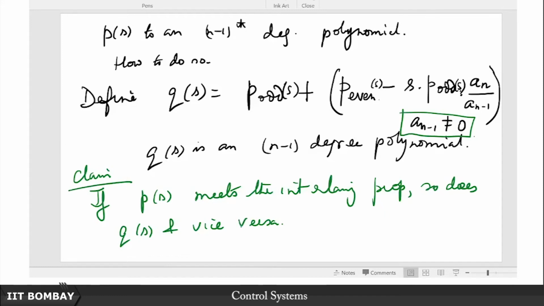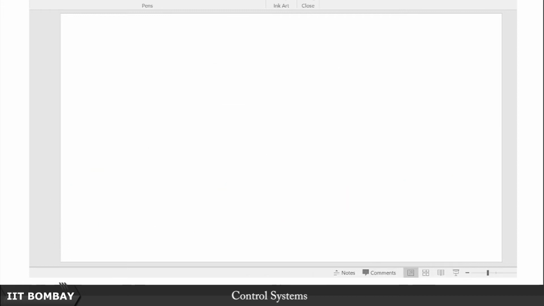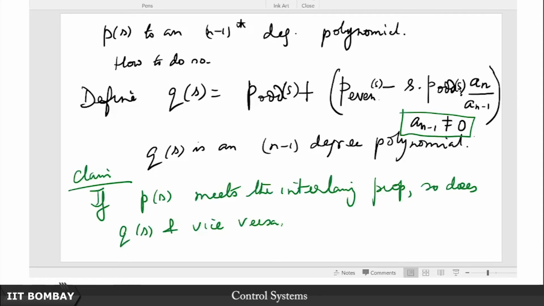If this works both ways, then there is nothing stopping me from performing the same type of operation on Q and getting to some Q dashed, then from Q dash to some Q double dash, and at each step subsequently reduce the degree from n to n minus 1 to n minus 2 and so on and so forth. So I am claiming that this interlacing property will hold, and that is what probably requires a bit of a demonstration. So let me just show this to you. It may take a while, maybe a few minutes, but I think it is worth the while to see that.